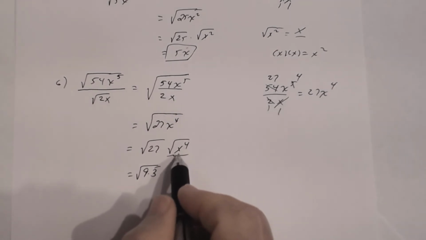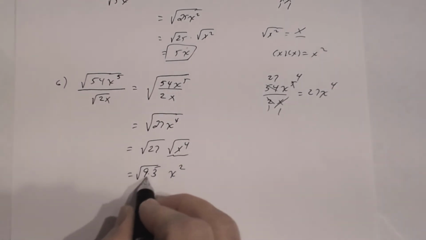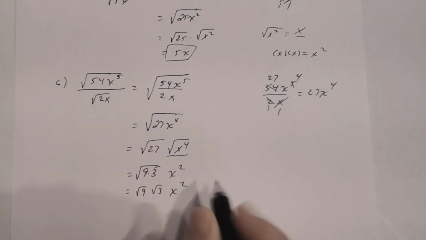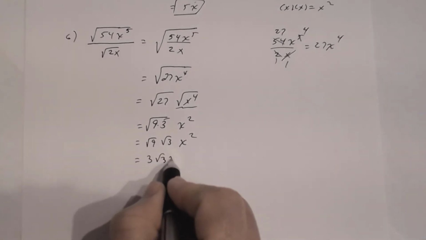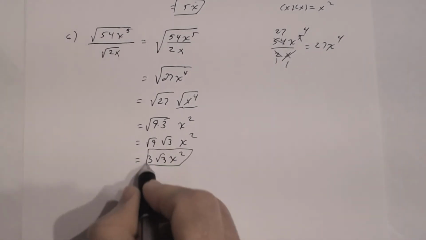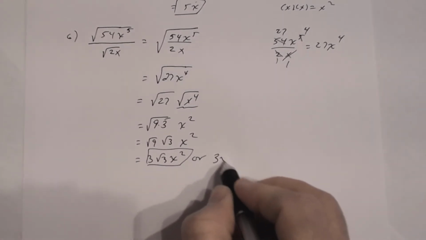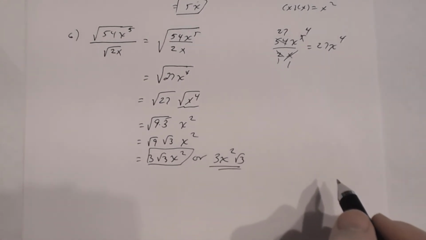What times itself twice is x to the 4th? X squared. And then let's just rewrite this a little bit further. So it'll be the square root of 9, square root of 3 times x squared. And the square root of 9 is 3. So I get 3 square root of 3 x squared. Or if you want to rewrite it, you want to put the radical at the end, you'd say 3 x squared, square root of 3. Does not matter. Okay, so it's number 6.